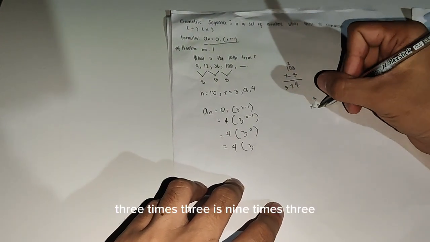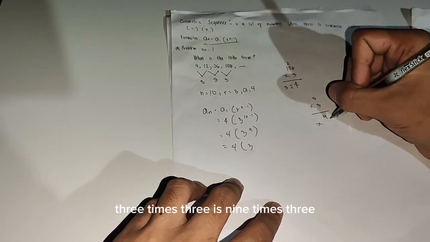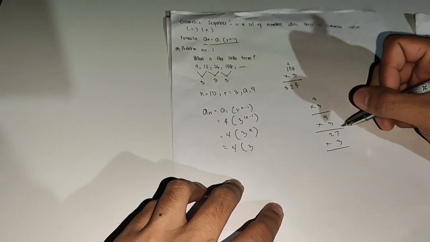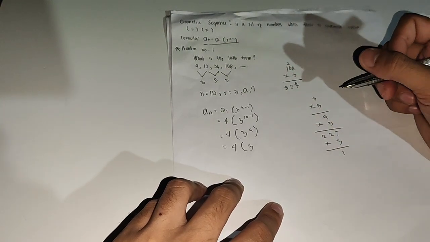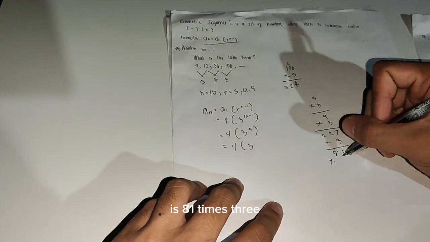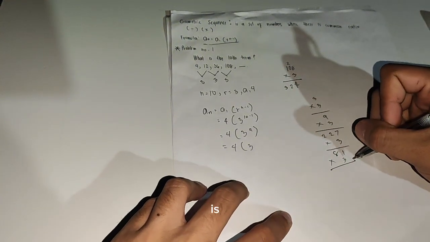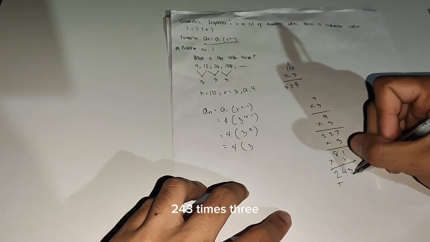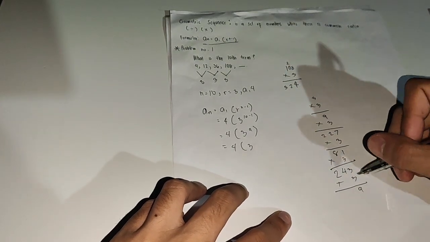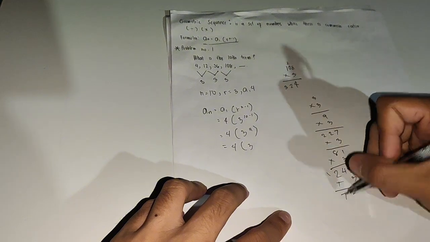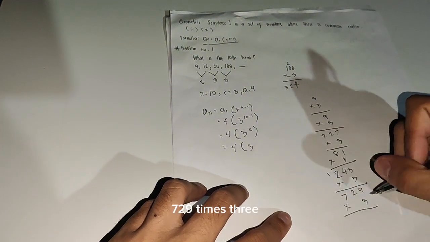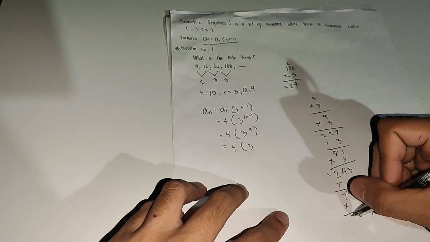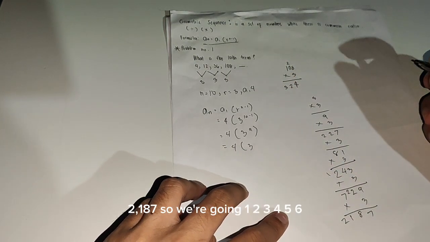3 times 3 is 9, times 3 is 27, times 3 is 81, times 3 is 243, times 3 is 729, times 3 is 2187.